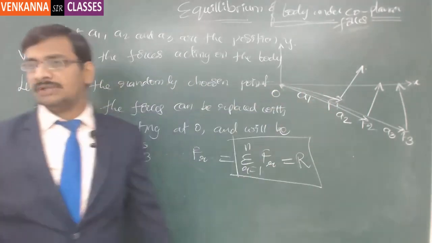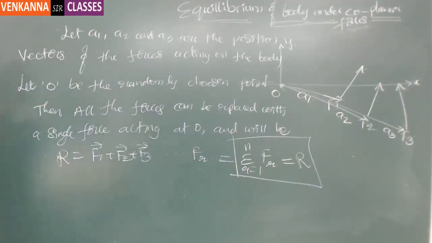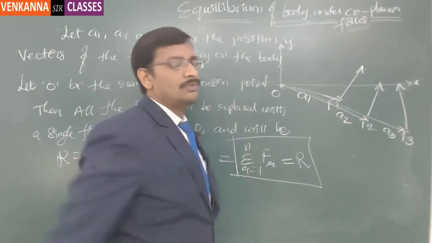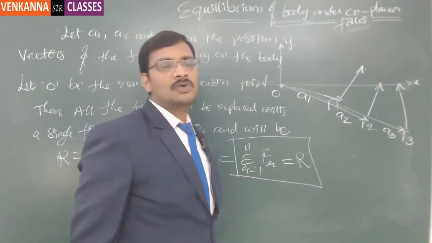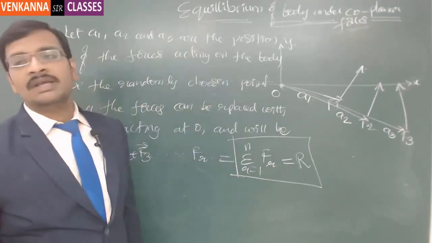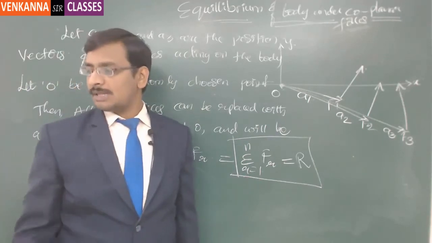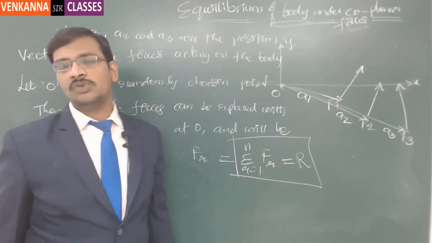Got it? And similarly, each and every force has a couple. If multiple forces have couples, then the resultant moment will be the sum of all the moments together. That is what we proved in the previous class.